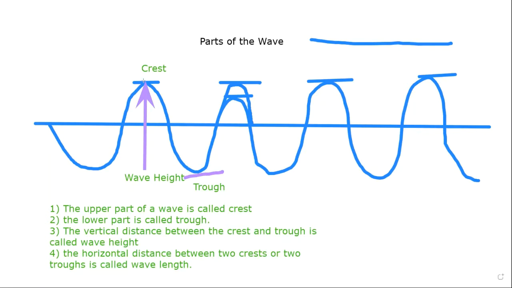So this is one crest, this is the other crest. This is one trough, this is the other trough. And these horizontal distances are called wavelengths. This is one wavelength, this is another wavelength. It's not just here, this is also a wavelength, this is also a wavelength, this is also a wavelength.